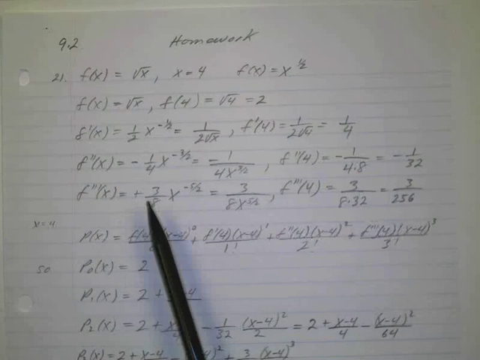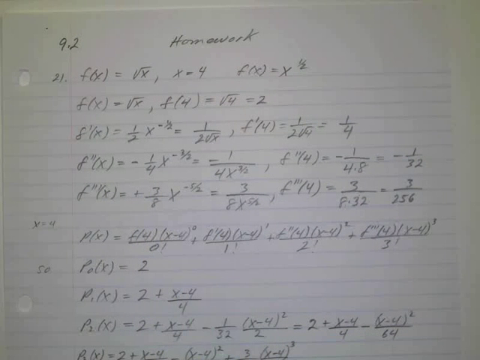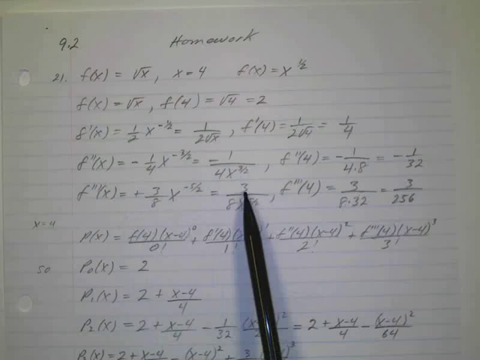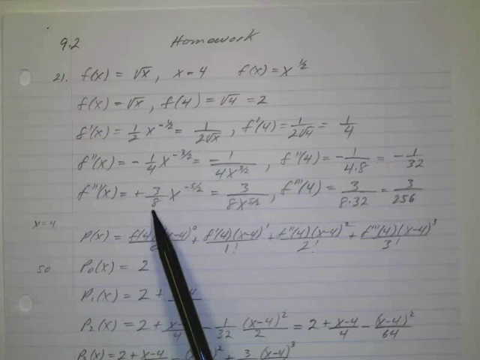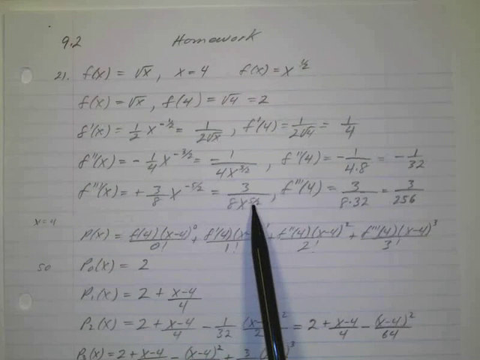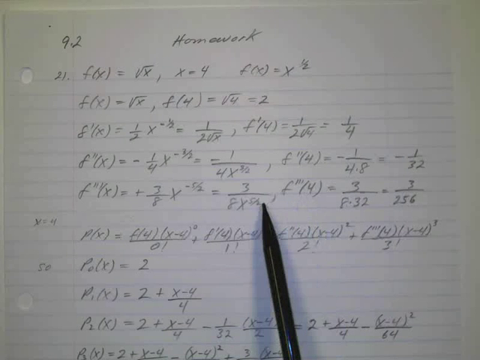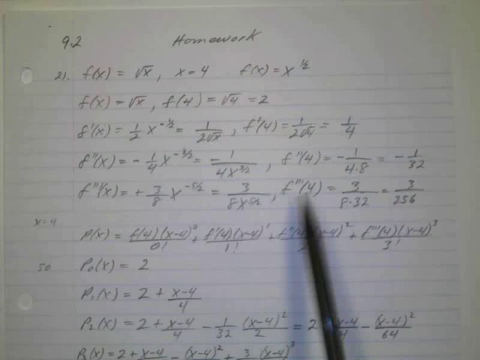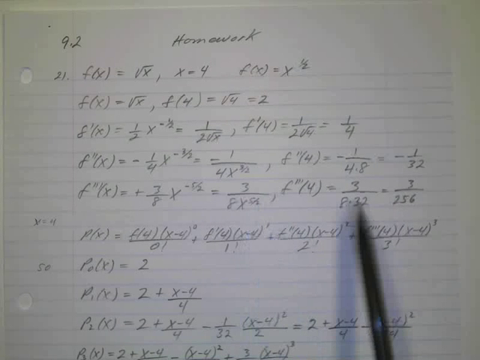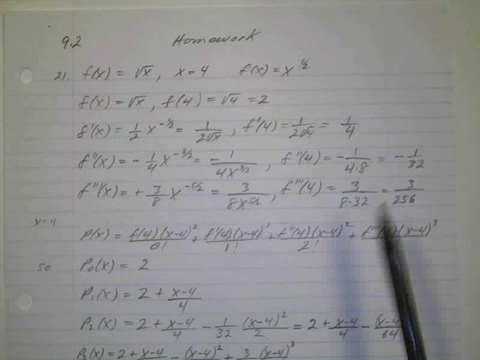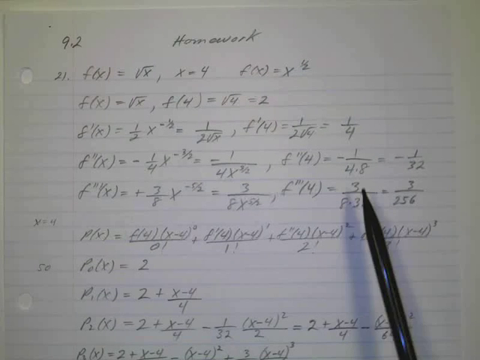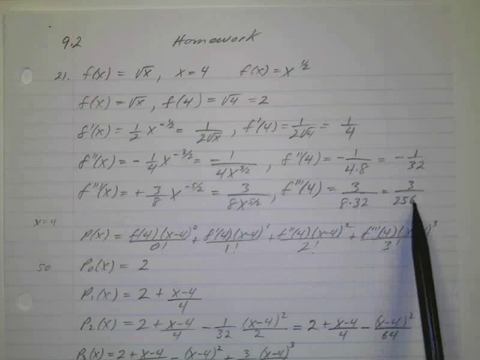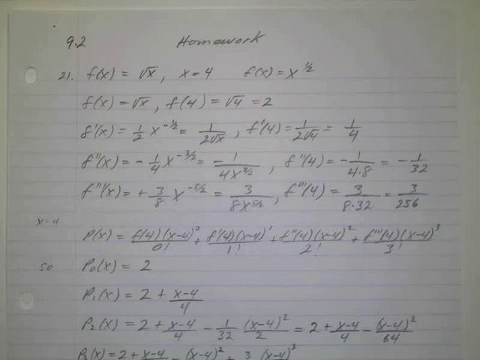So that's going to be positive 3 over 8, and the x to the minus 5/2. So we'll rewrite this as 3 over 8 x to the 5/2, and we're going to evaluate that at 4. The square root of 4 is 2, and 2 to the 5th is 32. And these don't simplify, so I have 3 over 8 times 32, which is 256.